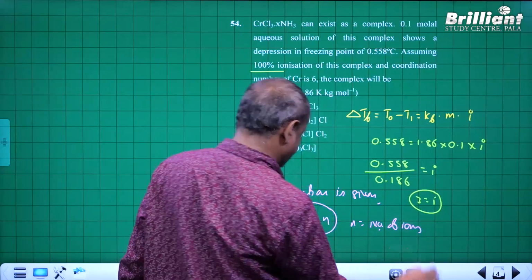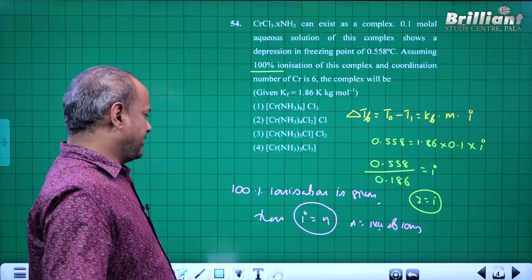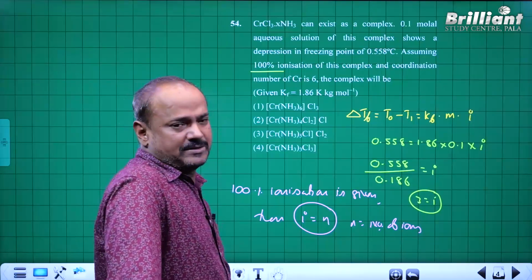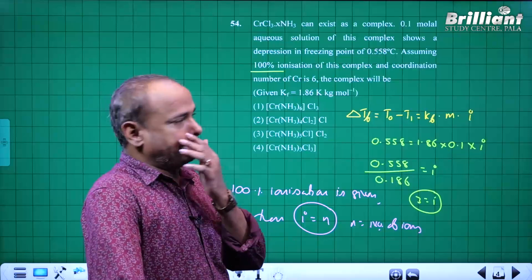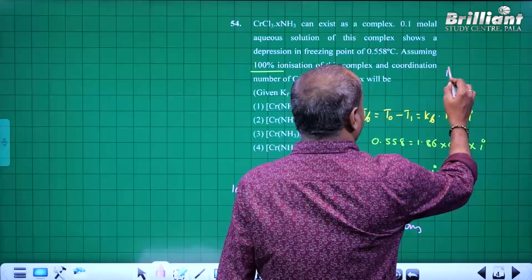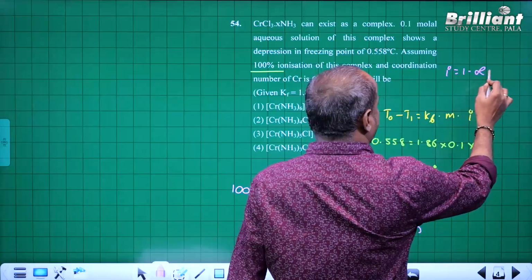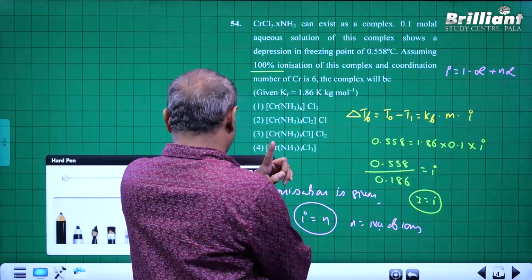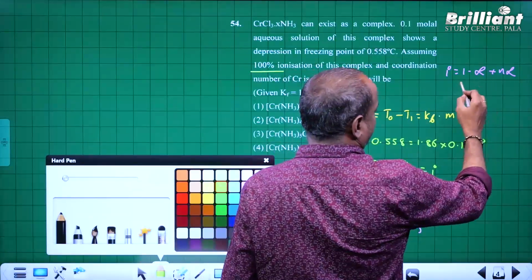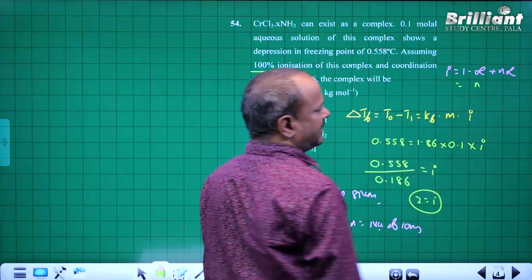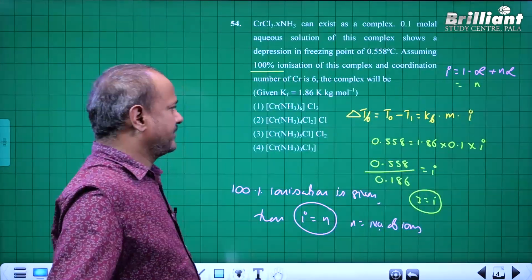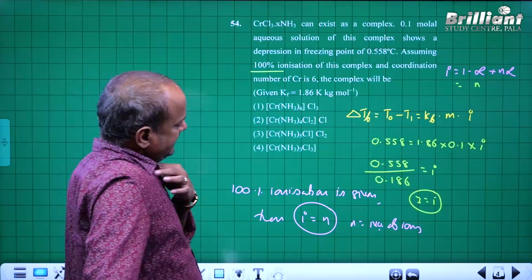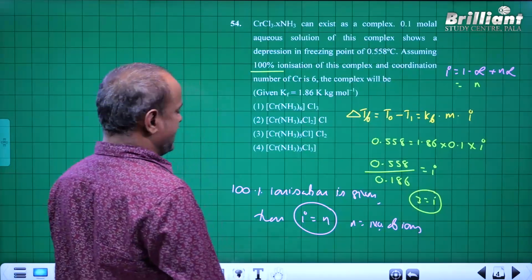Normally the formula is i equal to 1 minus alpha plus n alpha. Now alpha is equal to 1. That's why i is equal to n, the number of ions. So 3 particles, 3 ions.